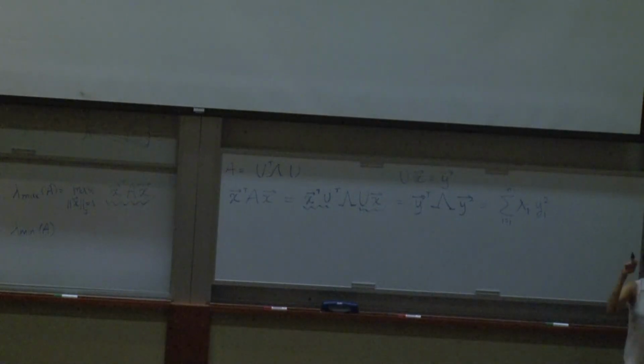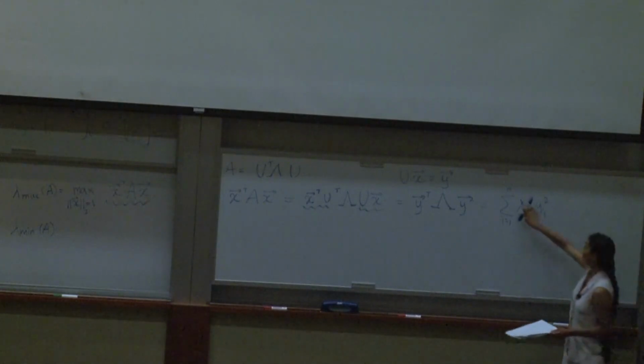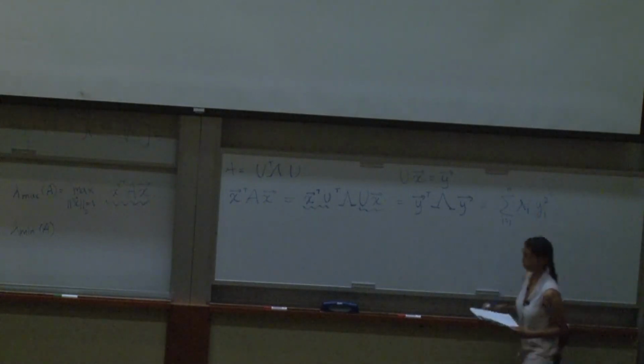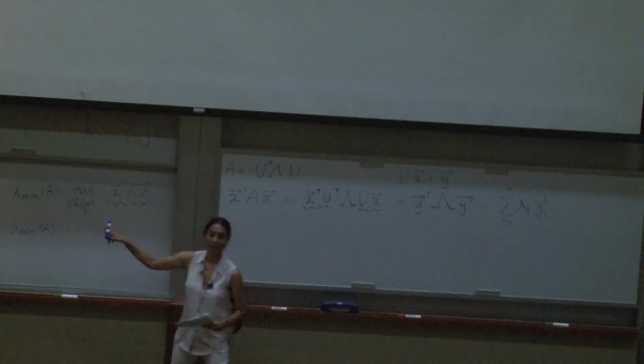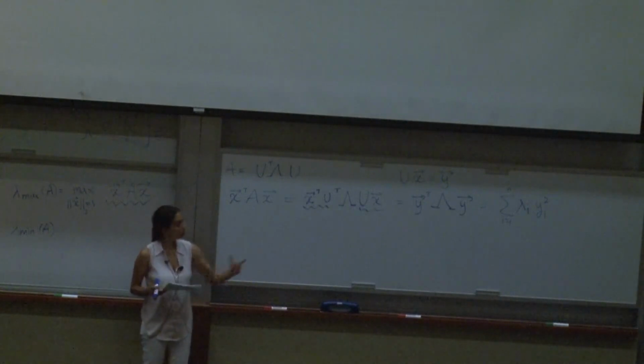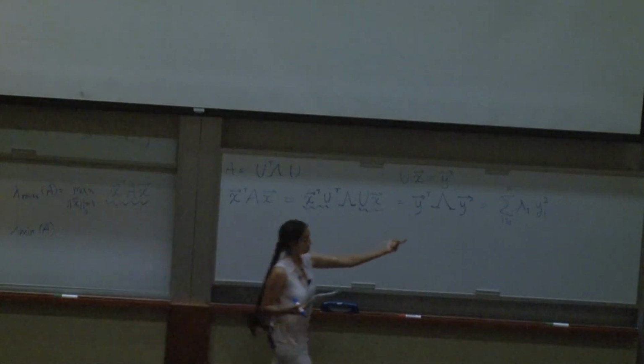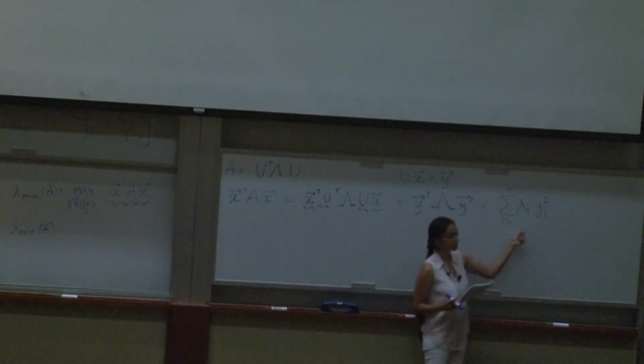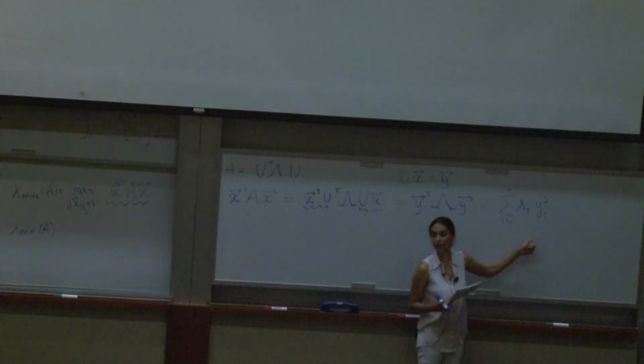And now we're going to do the trick that we've been doing a couple of times in lecture already, right? So now I want to bound this quantity. I want to upper bound it and lower bound it, right? So how am I going to upper and lower bound this quantity? Is there something that I can say this is always smaller than in terms of these lambdas?